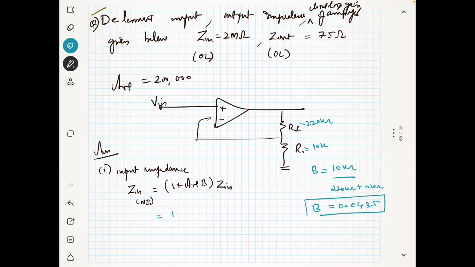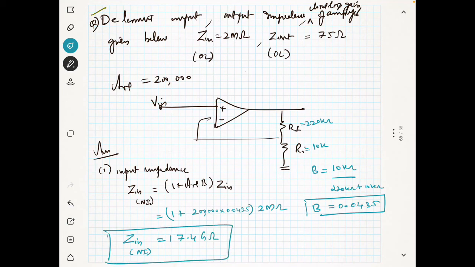So I can calculate 1 plus AOL, 200,000, into B, which is 0.0435, and Zin is 2 mega ohm. So I will get this number as 17.4 giga ohm. You see, it's very high input impedance.